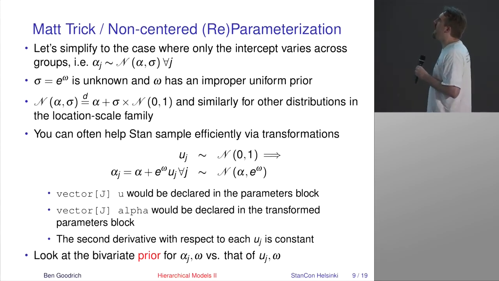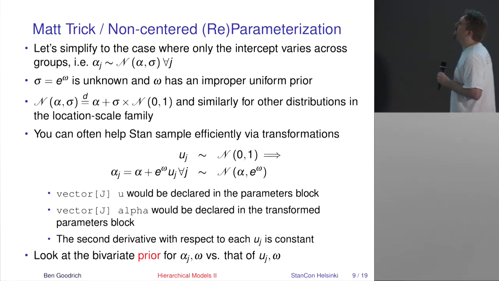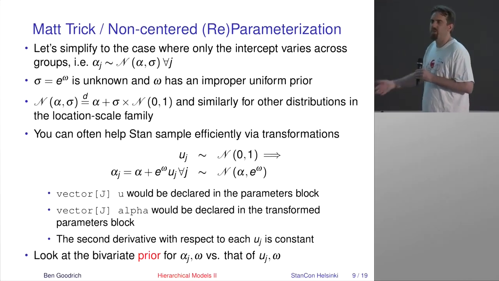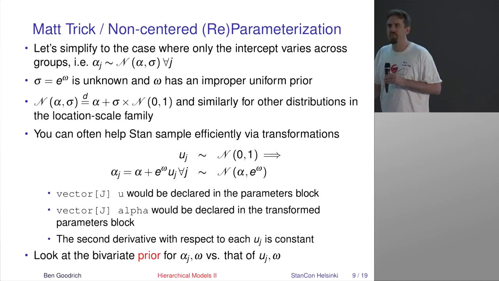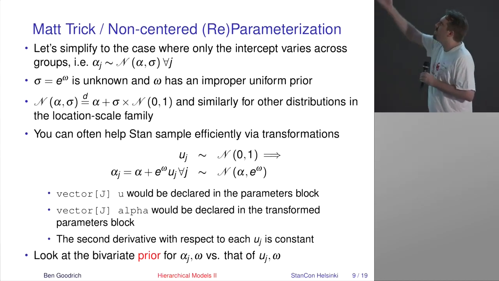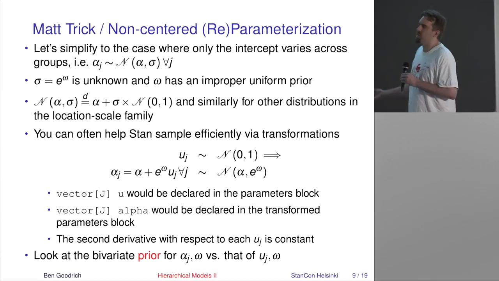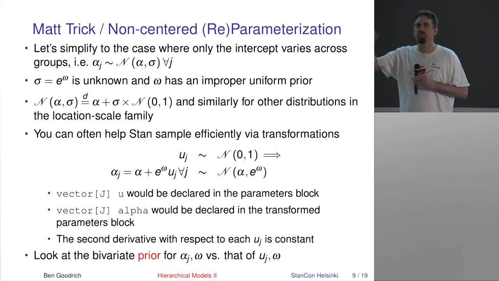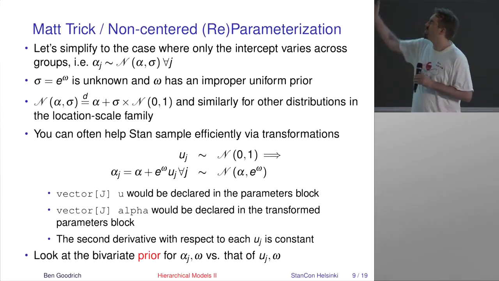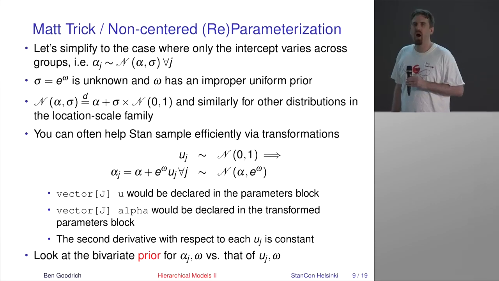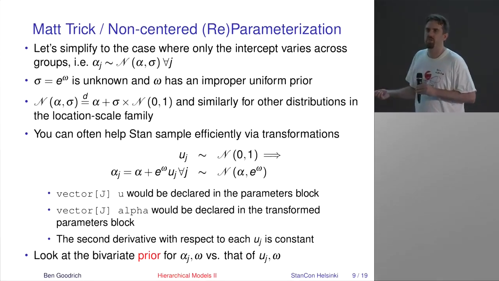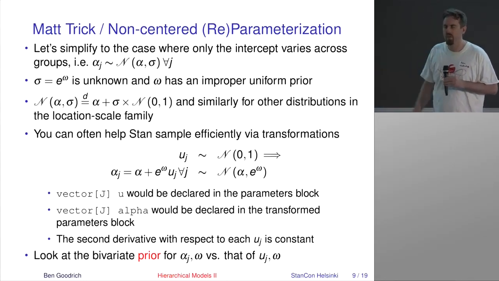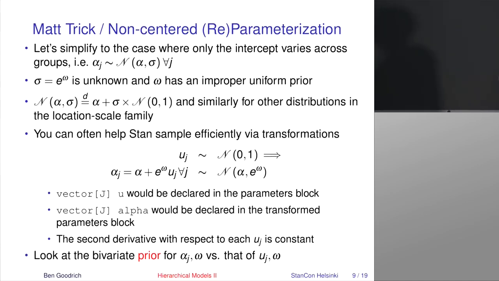So sigma or tau, the standard deviation of the intercept across groups, is an unknown parameter, but it's constrained to be positive, and when you specify something that's positive in the parameters block of a Stan program, behind the scenes, Stan is going to introduce yet another variable, here let's call it omega, and take e to the power of omega in order to ensure that sigma is positive. But really Stan is drawing from the posterior distribution of omega and everything else. You just don't see the omegas, but they're actually there.